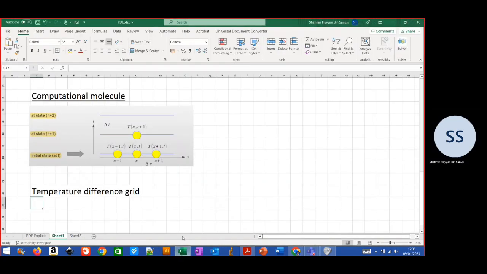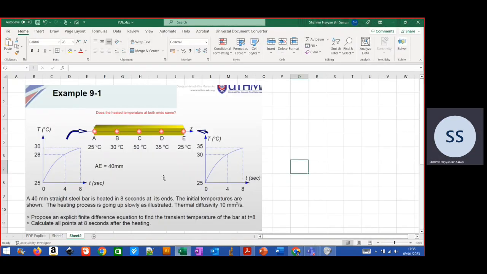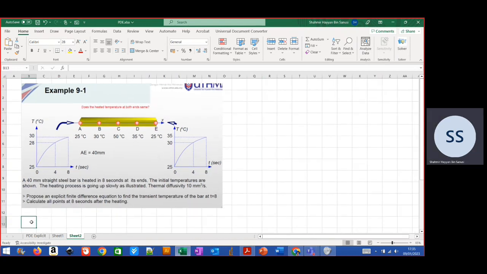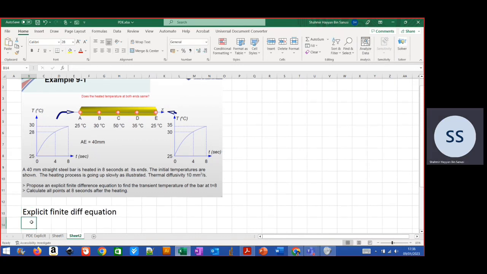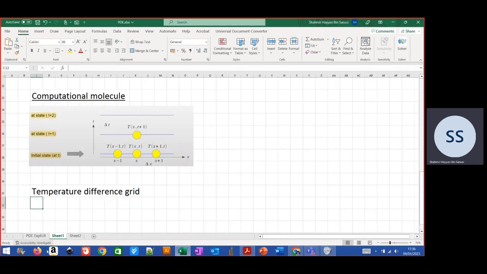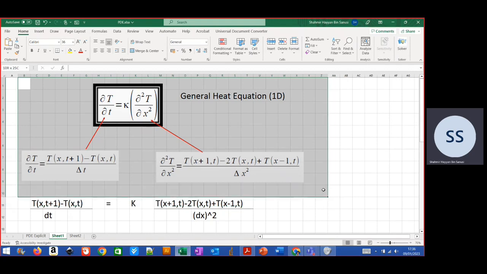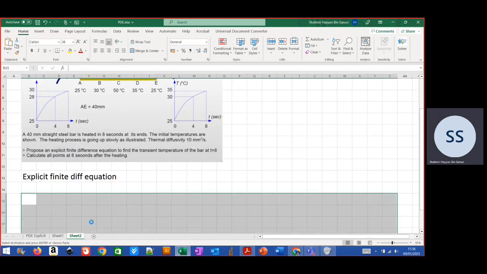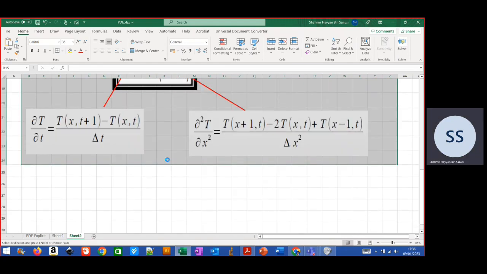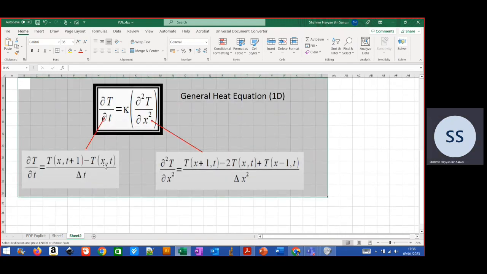So this is example 9-1. First, remember that we need to develop the explicit finite difference equation. So how do we develop that? We can develop it from the general heat equation.